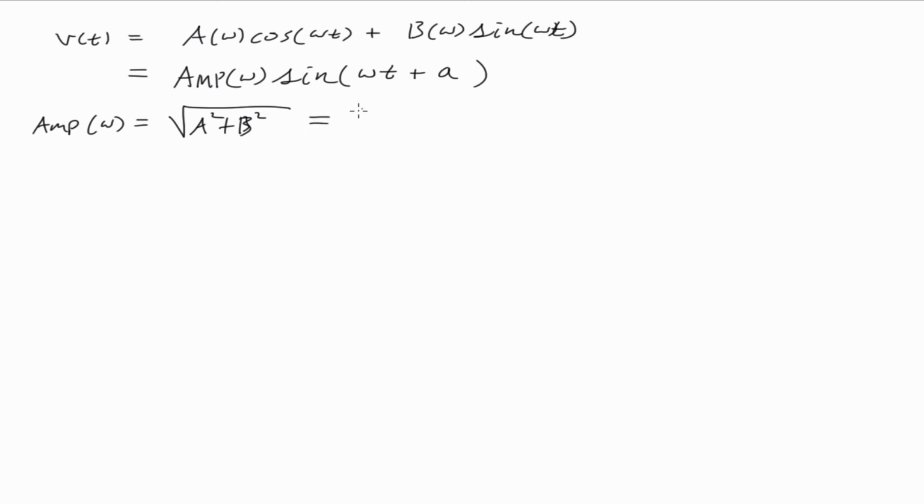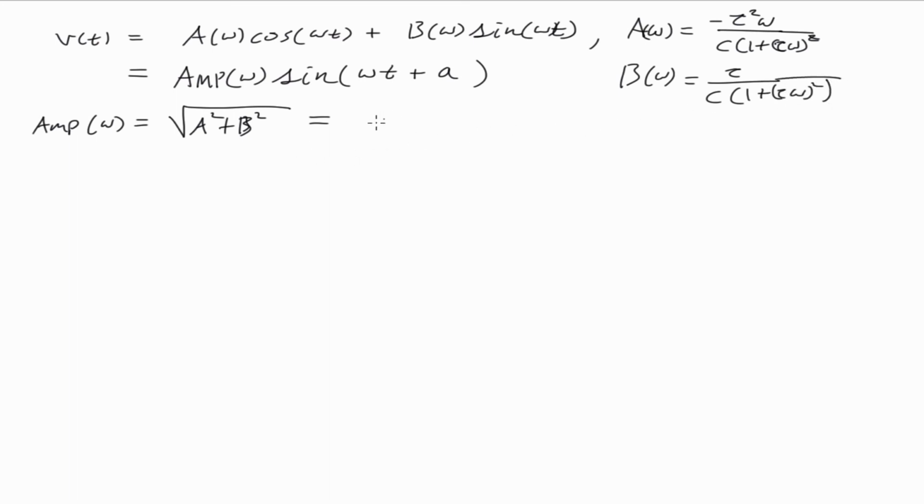Let's calculate this first. Recall that A omega was equal to negative tau squared omega all over C times 1 plus tau omega quantity squared. And B omega was equal to tau over C times 1 plus tau omega quantity squared.